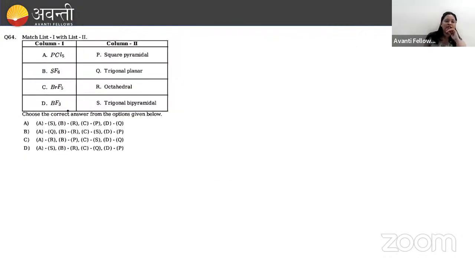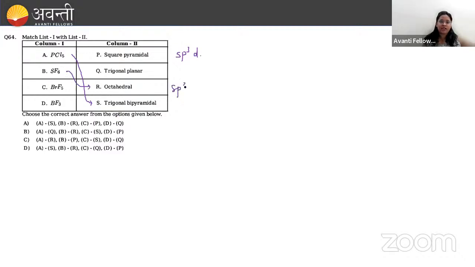Next, we need to match the structures with the given compounds. Okay, so PCl5, what do you think? What is the structure of PCl5? PCl5 has sp3d hybridization, and its structure is trigonal bipyramidal. When you talk about the SF6 molecule, it is octahedral in shape.